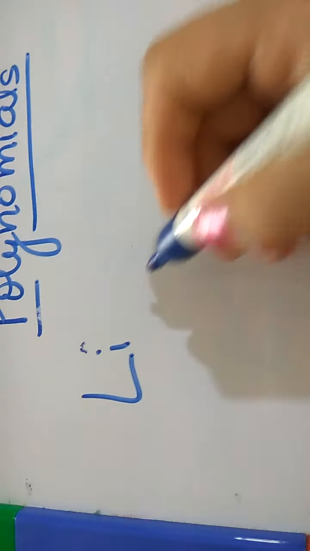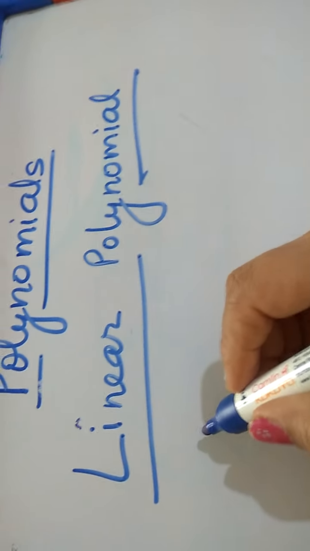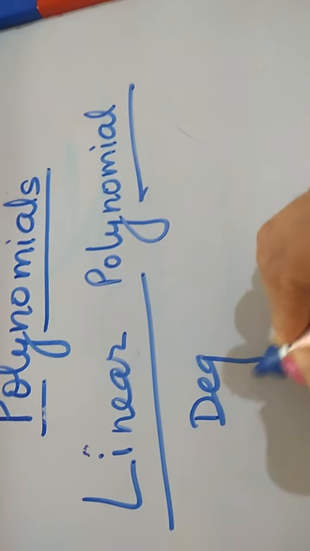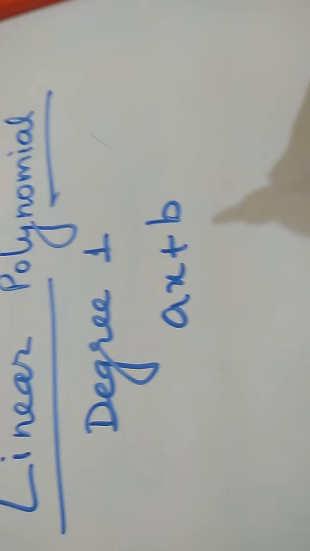Now we will see what is a linear polynomial. A linear polynomial is the one which has a degree of 1. So a polynomial with degree 1 is called a linear polynomial. Its general form will be like ax plus b, where a, b are constants and x is the variable.